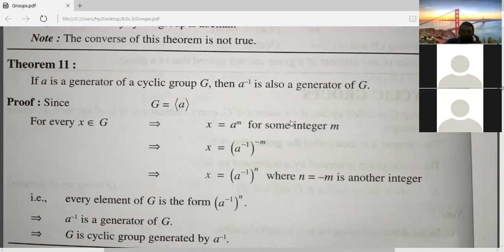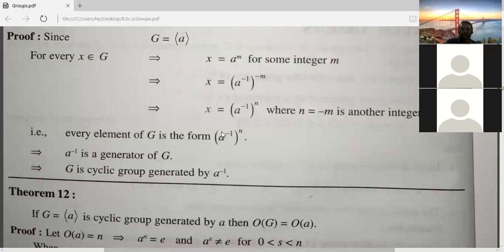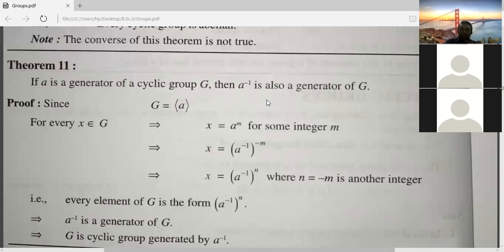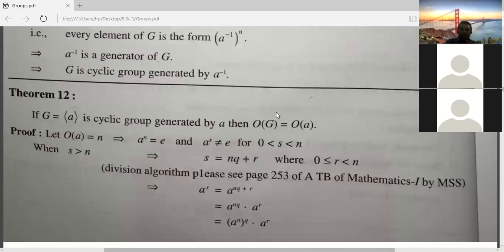That is why a inverse is also a generator of G. That means now both are generators. If a is a generator, then a inverse is also a generator. Okay. Now the next one.